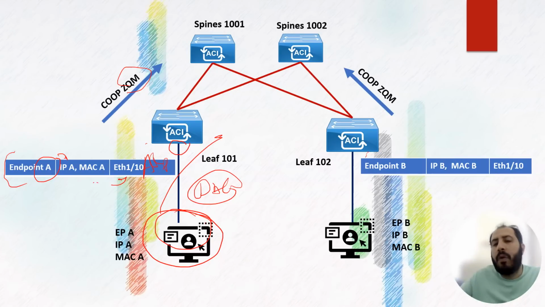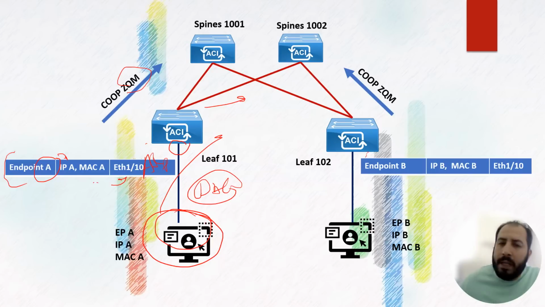By the way, all the leaves populate the spine simultaneously. Whenever a leaf detects that there is a connected spine, the spine will always receive COOP messaging, or endpoint information, whenever an endpoint comes up.